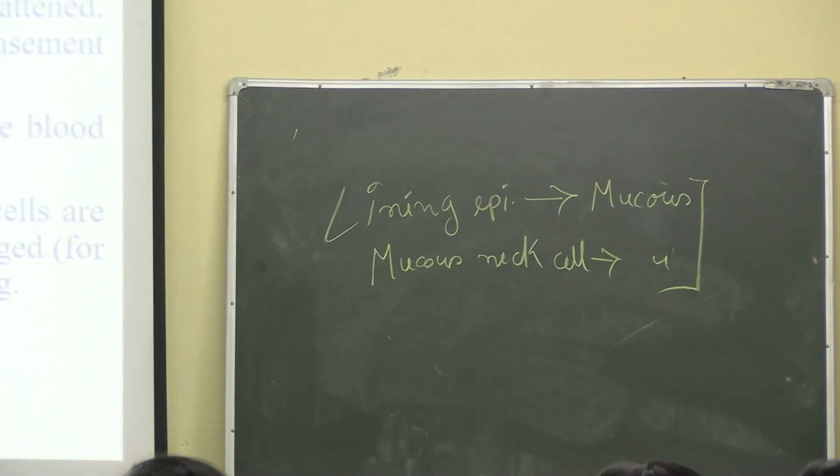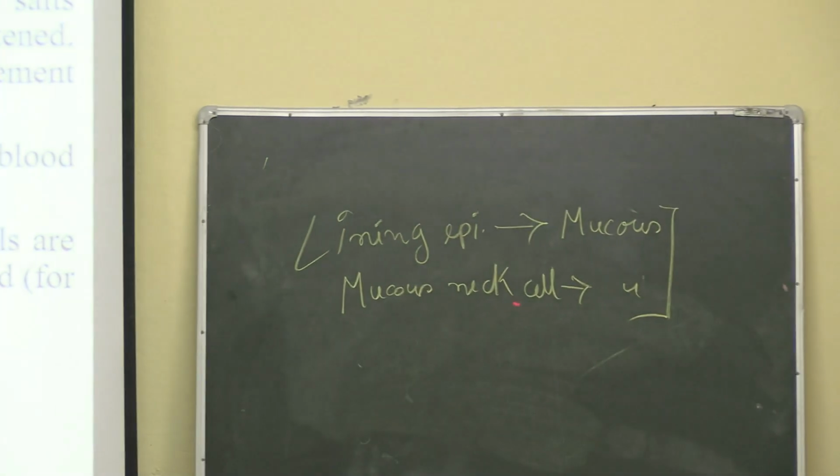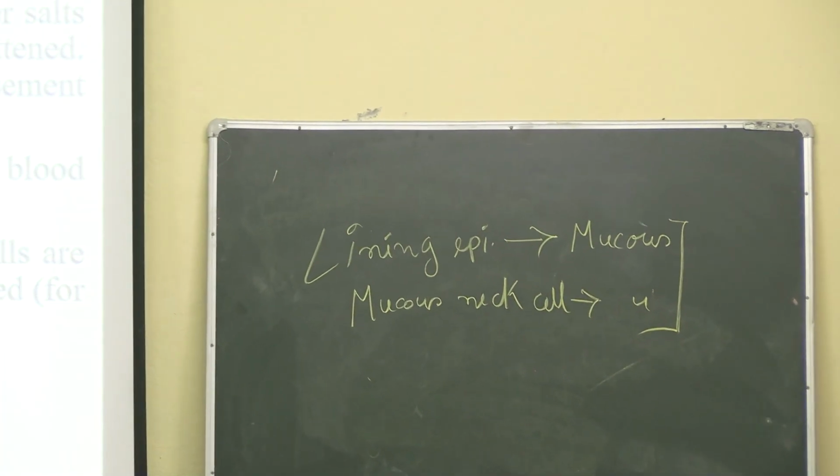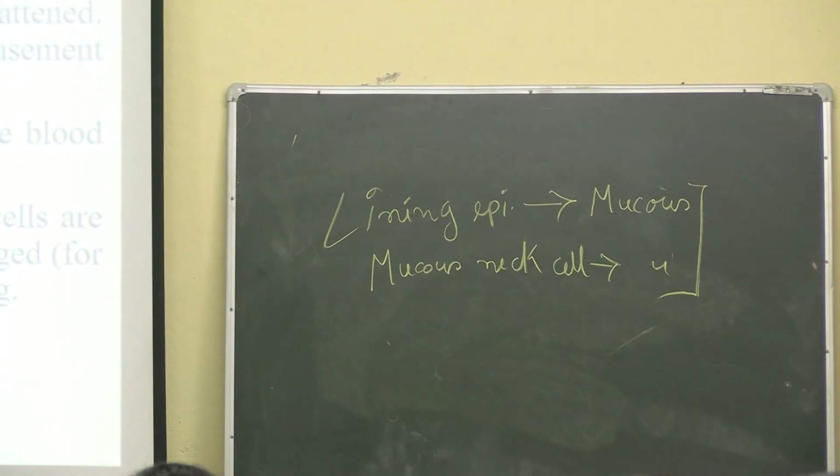We have seen that the lining epithelium is also secreting mucus, and mucous neck cells present at the neck of the gland are also secreting mucus. What do you think, what will be the difference between these two mucus?